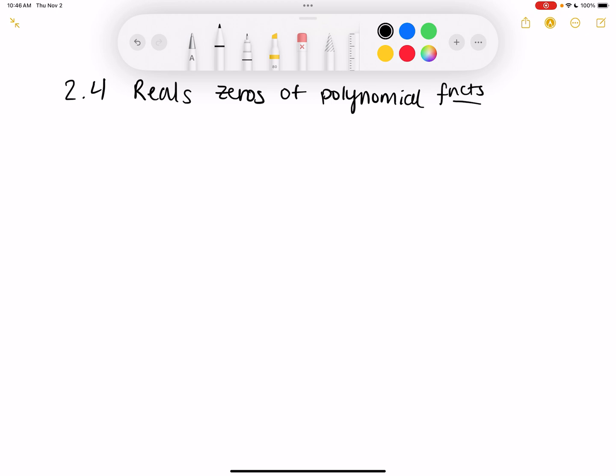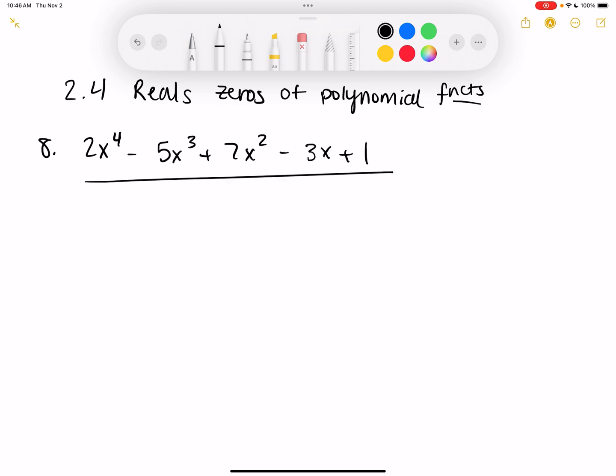All right, we're going to start with synthetic division. So 2x to the fourth minus 5x cubed plus 7x squared minus 3x plus 1 divided by x minus 3. Whatever this sign is here, the opposite sign is going in the box.